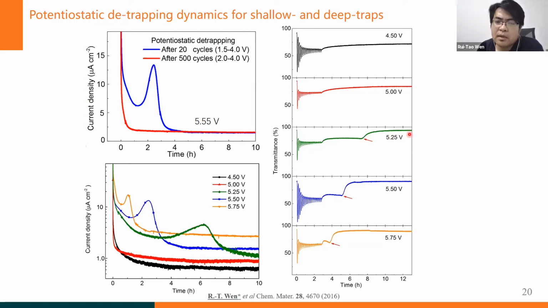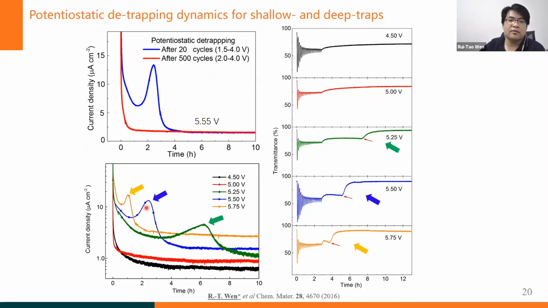So when we apply a potential over 5.25, we observe the sharp optical increase, and the higher the applied voltage, the earlier these ions get released. This is pretty interesting.